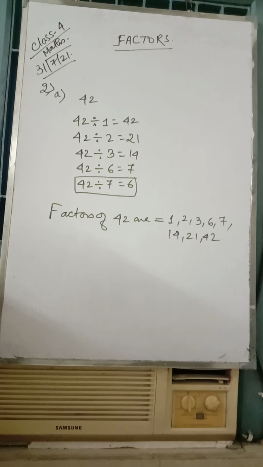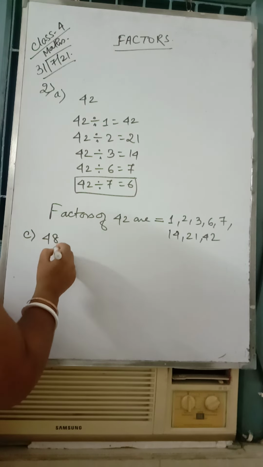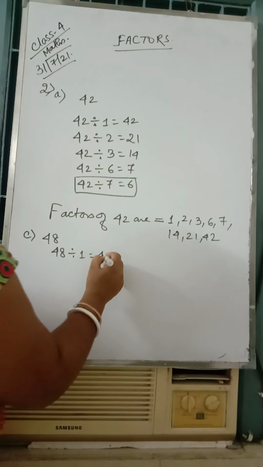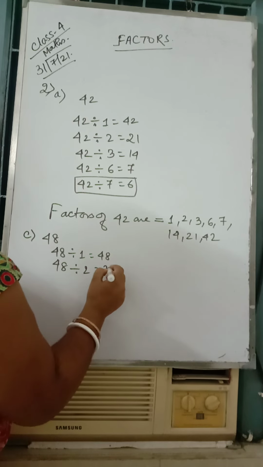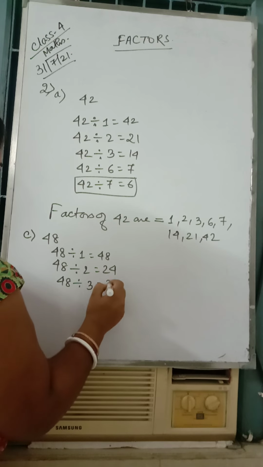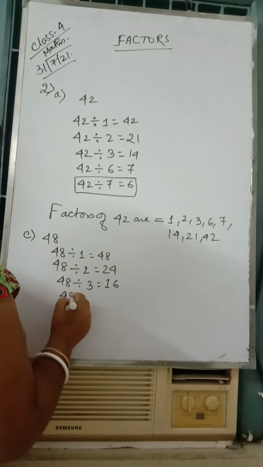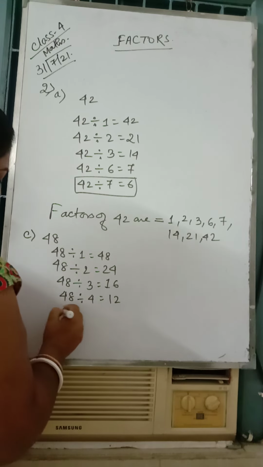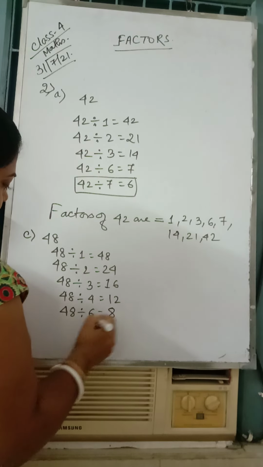Let us see C, 48. 48 divided by 1 is 48. 48 divided by 2 is 24. 48 divided by 3 is 16. 48 divided by 4 is 12. 48 divided by 6 is 8.